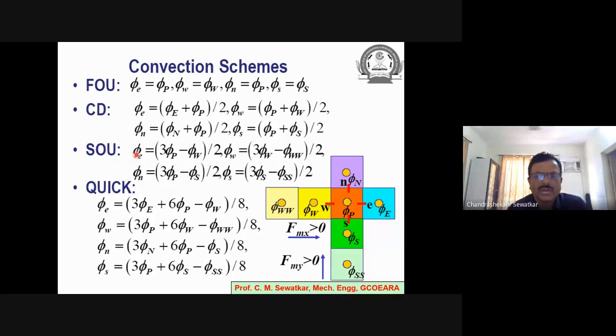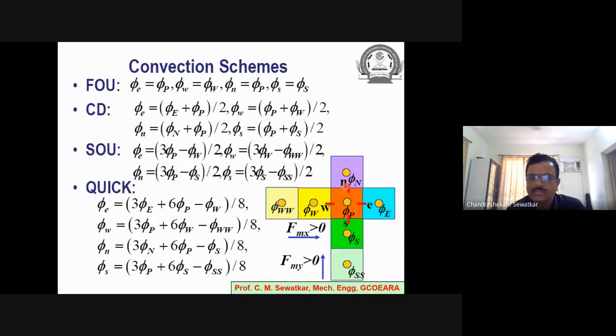For the SOU convection scheme, phi e will be 3 phi P minus phi W divided by 2. For phi w, these two upstream values will be used: 3 phi W minus phi WW divided by 2.